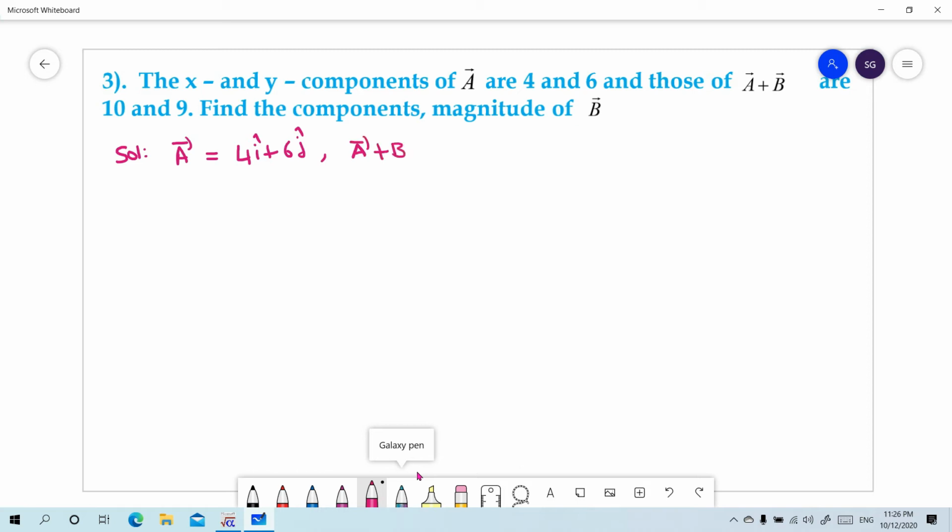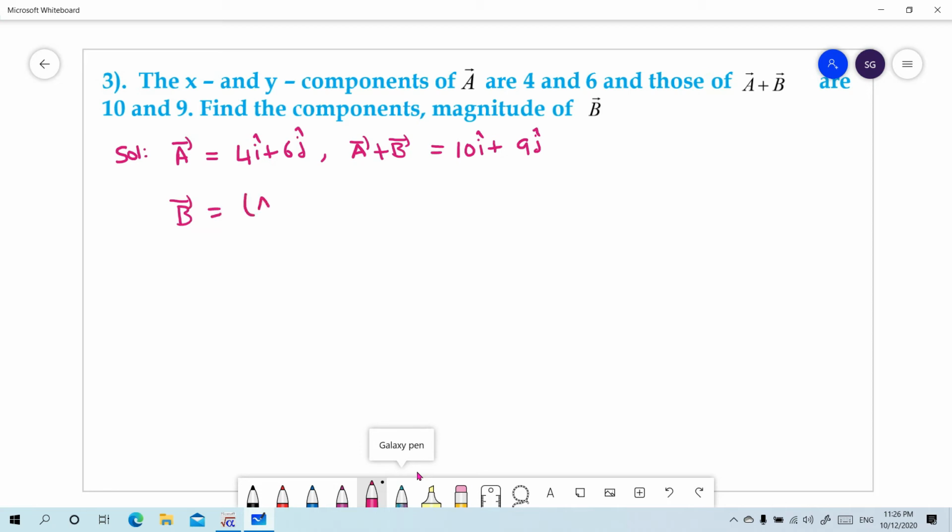A bar plus b bar equals 10i cap plus 9j cap. So you have to find b bar.